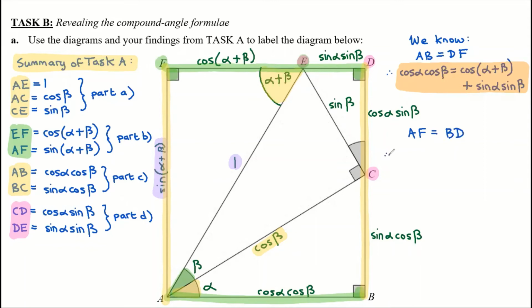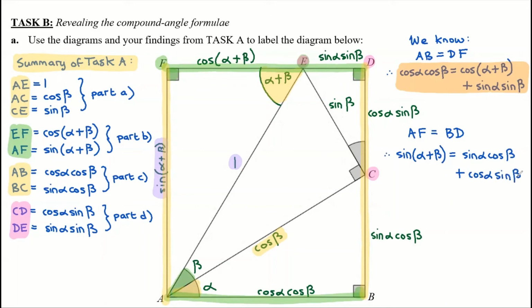So what's AF? Well, AF is sine of alpha plus beta. And BD, well, it's the sum of BC and CD, isn't it? So this is going to be sine alpha cos beta added to cos alpha sine beta.